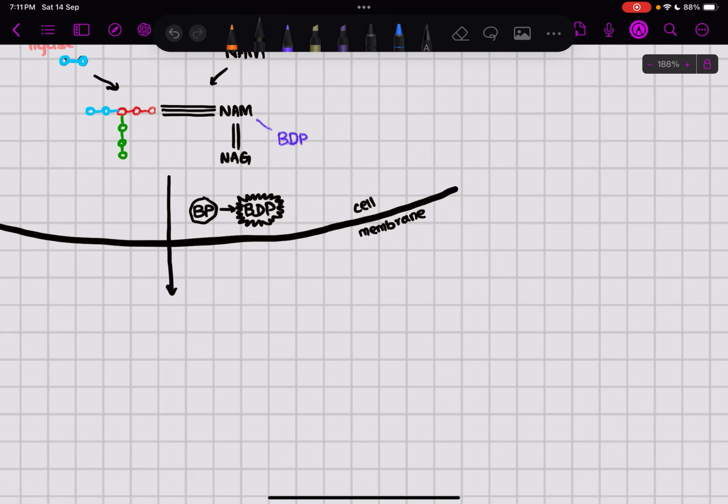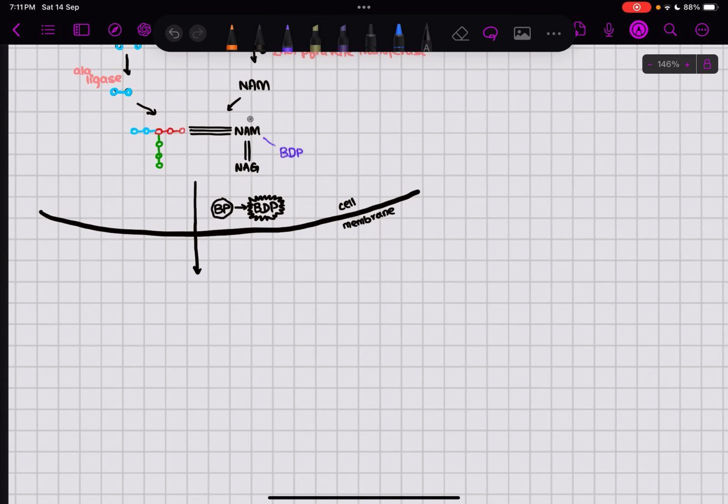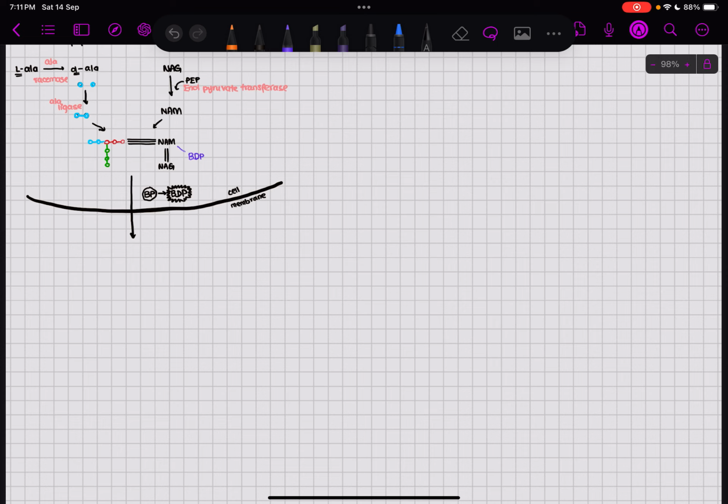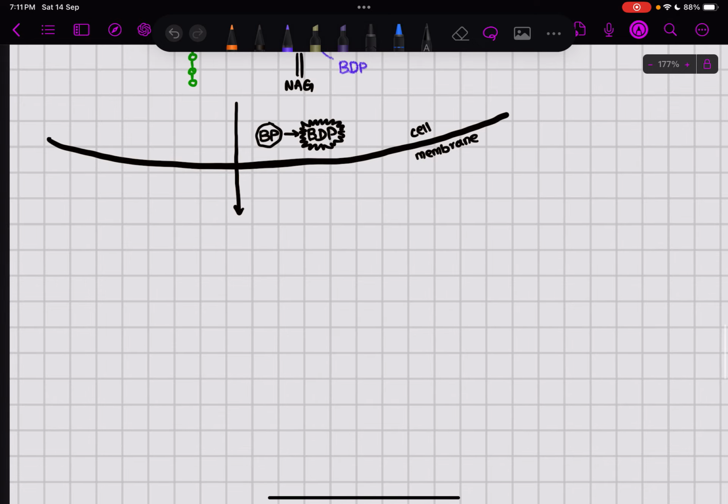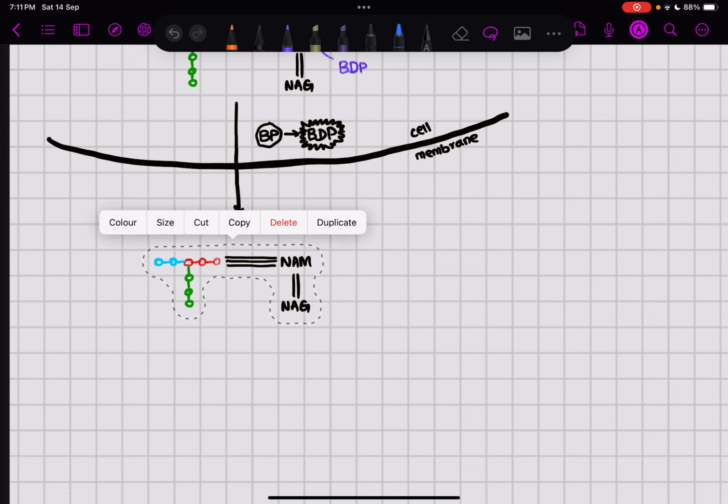Now this whole unit, let this be going out. Now this whole unit has been transported outside.